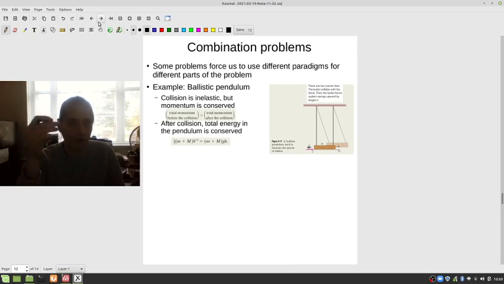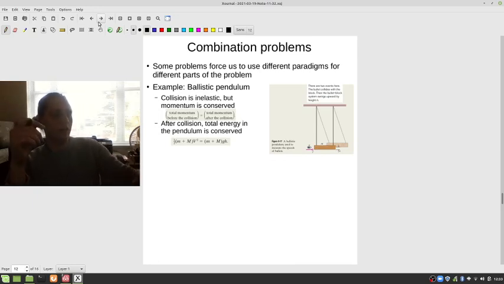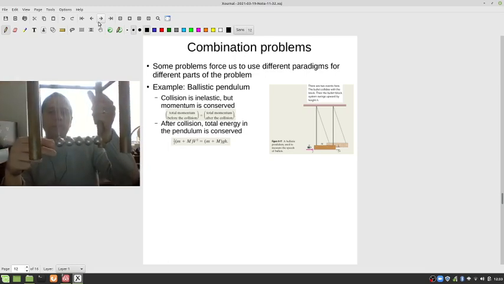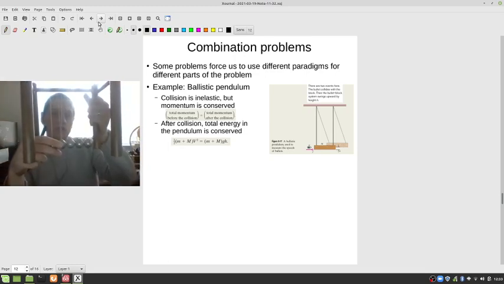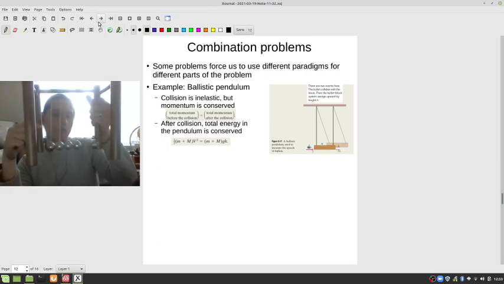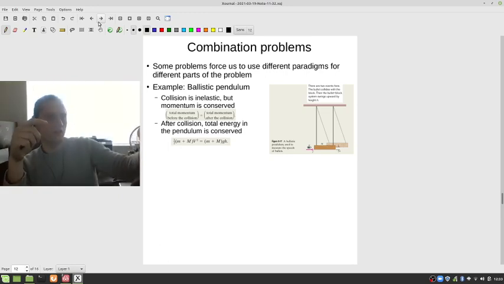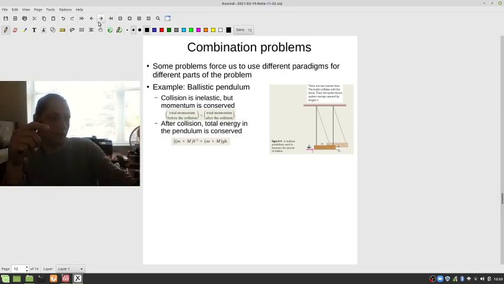All right, now, as I've told you, there are combination problems that force us to use different paradigms for different parts of the problem. Like in this particular type of problem, it's a little bit special because both momentum conservation and kinetic energy conservation are pretty much valid for this one.